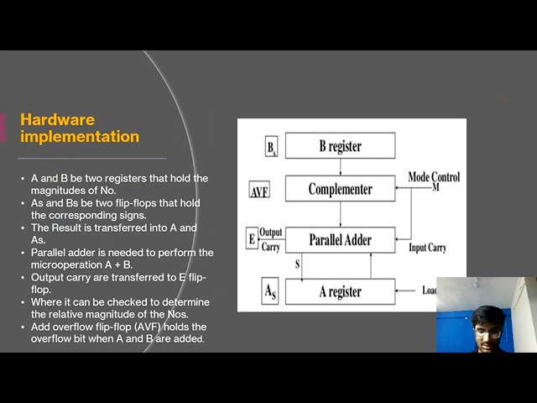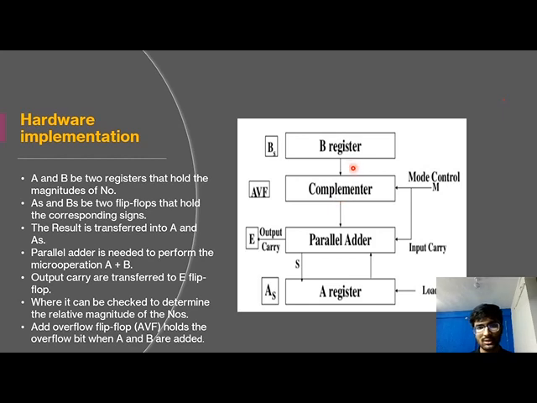Okay. So next, hardware implementation. So what is the hardware? I have already told you what the computer does when we are doing minus 3 plus 2 and minus 5 plus 3 and so on. Here A and B are two registers, that is, we take two operands A and B. So AS and BS, A register and B register.